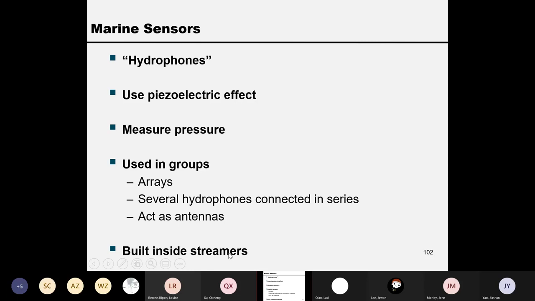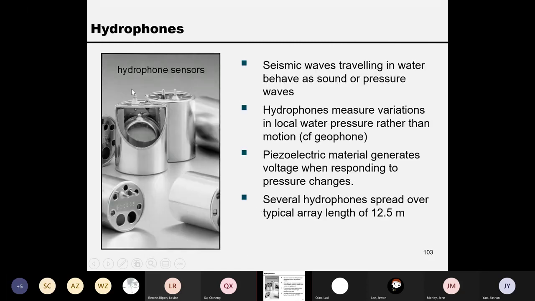Just like I mentioned for land seismic, this group of receivers is actually already manufactured together in the field, okay? Maybe they're 3 meters apart, they put together. The inside of a hydrophone looks quite similar to the geophone, but the structure is different.